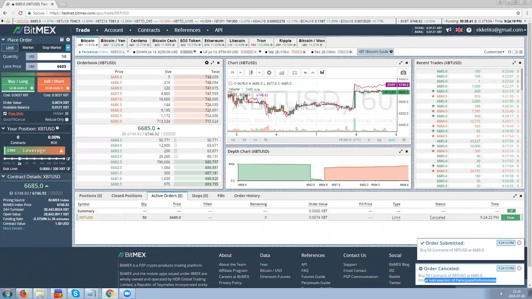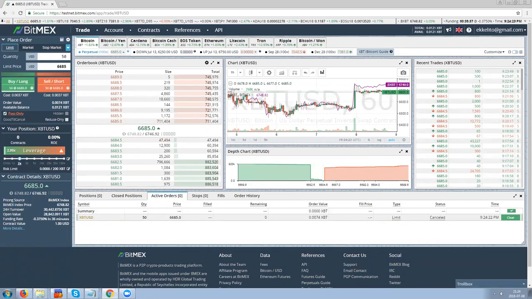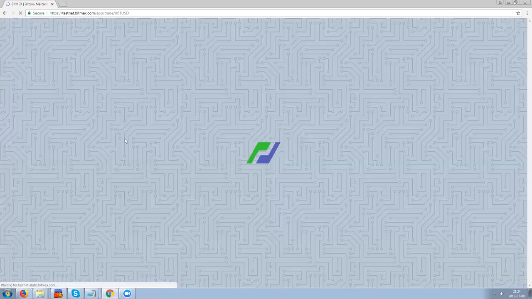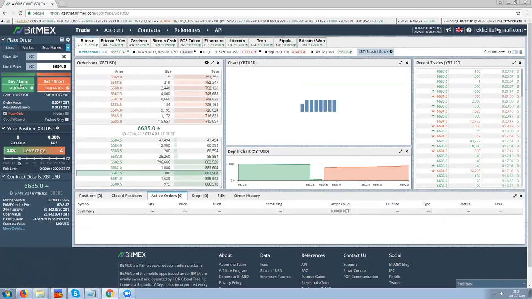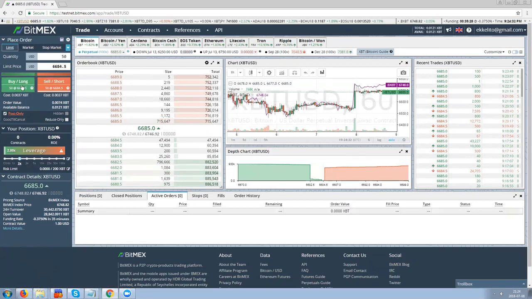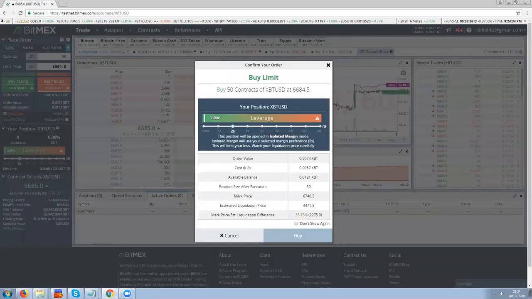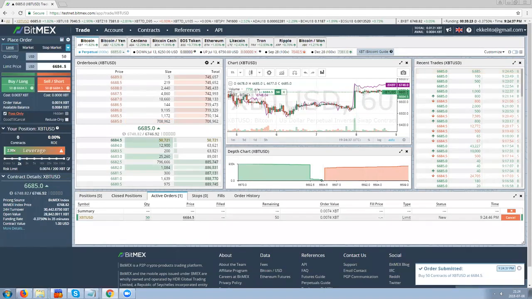There's some error message here, so I don't understand why it gives me that. It doesn't usually do that. I'll try just refreshing my screen, see if it works. 6684. Yeah, just try without leverage, maybe. No, there isn't an error at least.